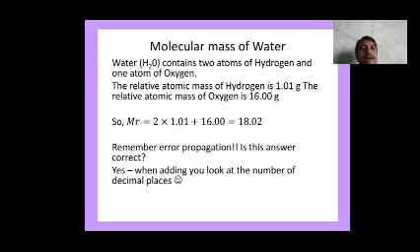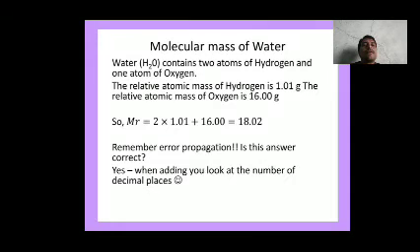Molar mass of water. Water, H2O, contains two atoms of hydrogen and one atom of oxygen. The relative atomic mass of hydrogen is 1.01 grams. The relative atomic mass of oxygen is 16 grams.